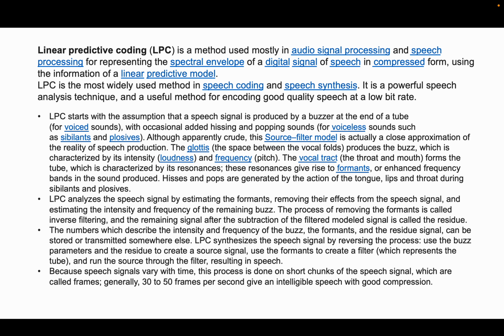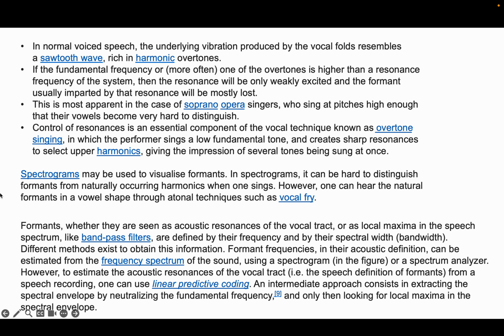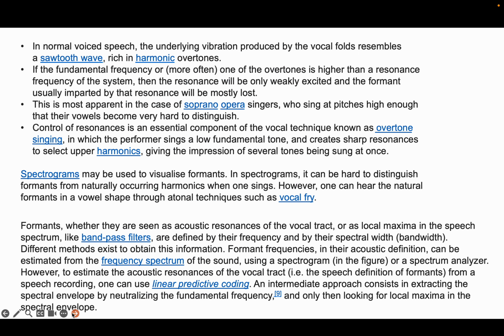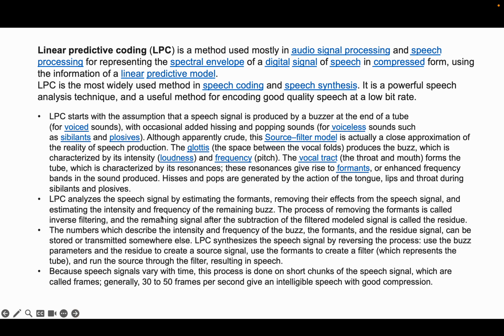So what linear predictive coding does is it analyzes the signal by estimating the formants, removes their effect from the speech signal, and then it estimates the intensity and frequency of the remaining buzz.